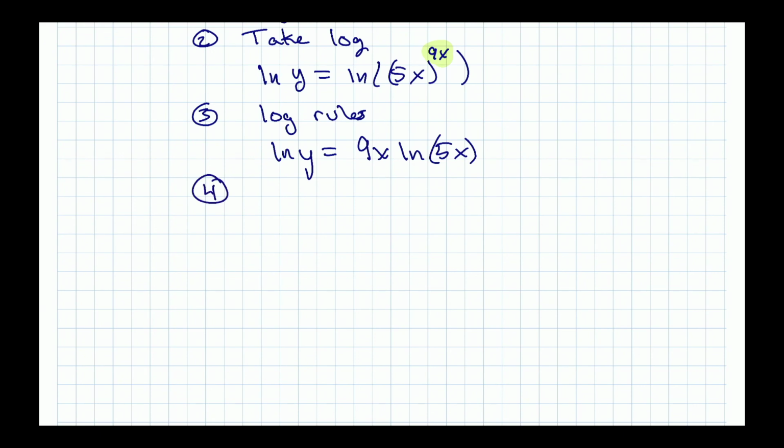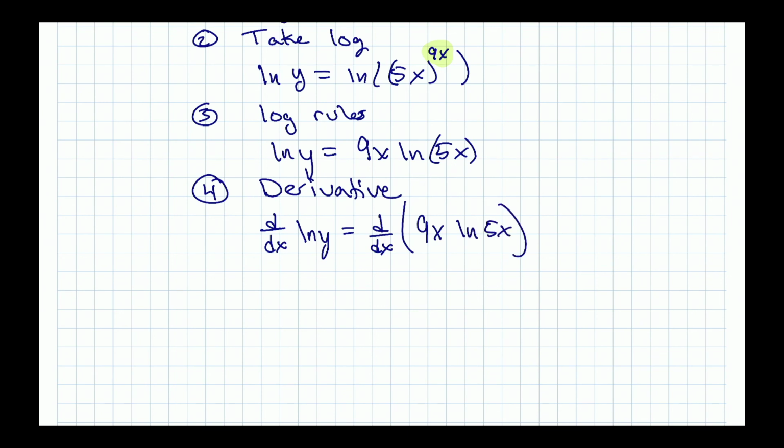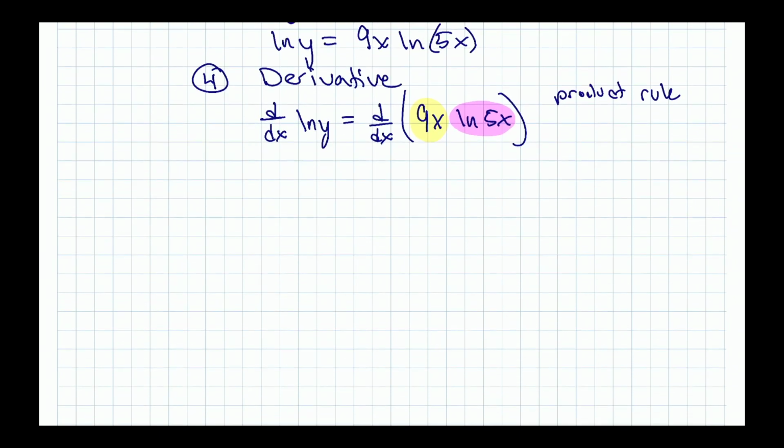After we do our log rules, now we actually do the derivative. So I'm going to write d/dx ln y equals d/dx of 9x ln 5x. Now keep in mind that we've got a 9x and also an ln 5x, so we're going to need the product rule to do this derivative.